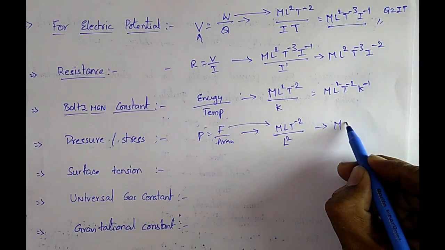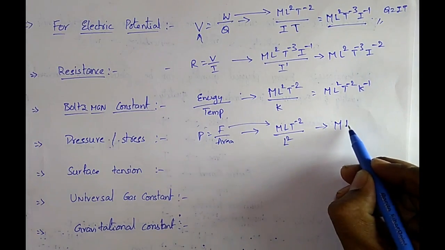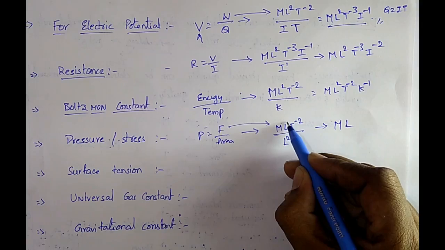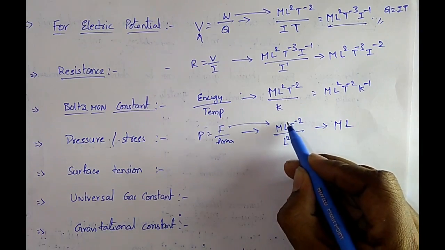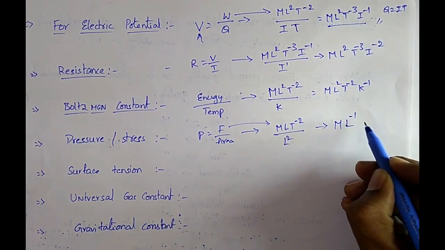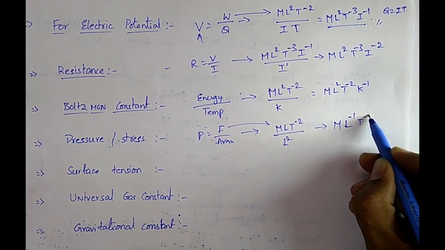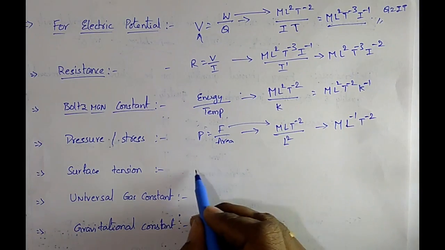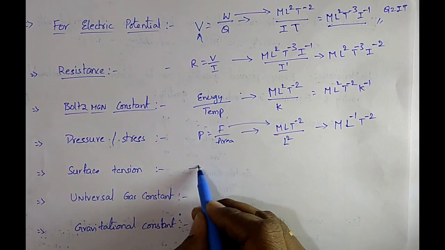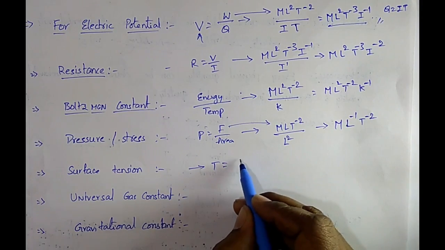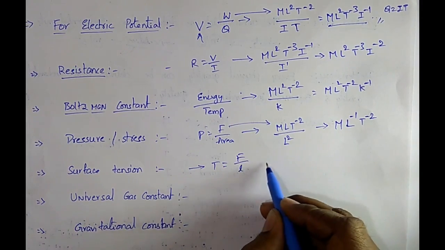So here M, L power 1 over L power 2, that is 1 minus 2, that is minus 1, and T power minus 2. And coming to surface tension, we know that the formula for surface tension T equals force per length.